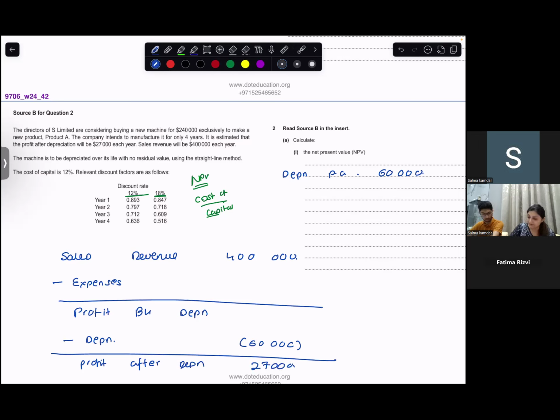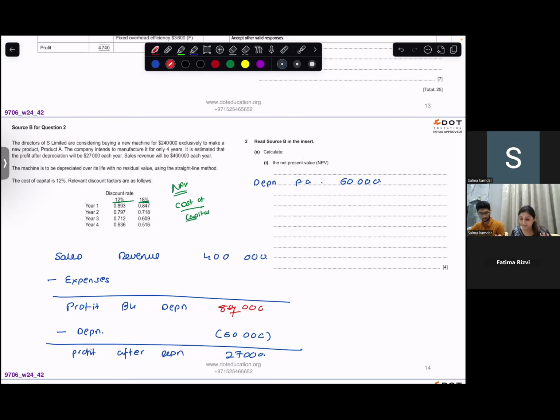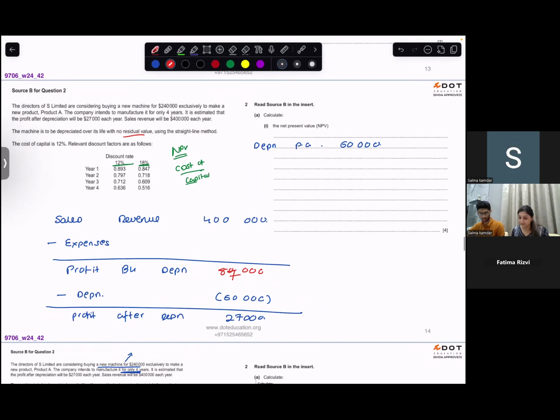That means my profit before depreciation is 87,000. Why am I doing this? Because they've asked us to calculate ARR also. ARR requires the profit before depreciation. So this is some derivation that I have done, and there is no residual value.